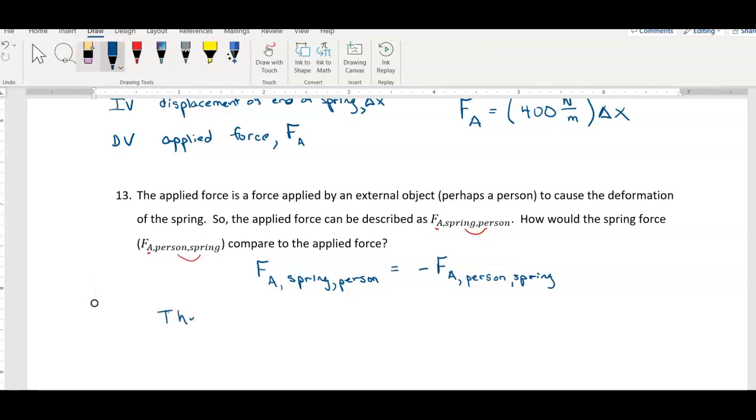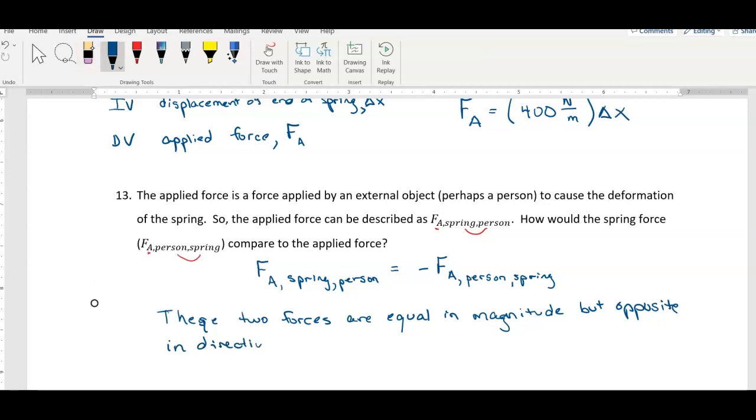So these two forces are equal in magnitude, but opposite in direction. They are Newton's third law pairs.